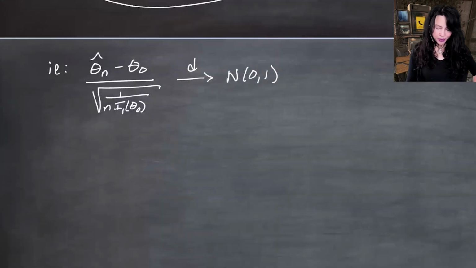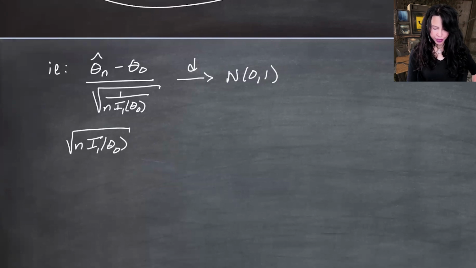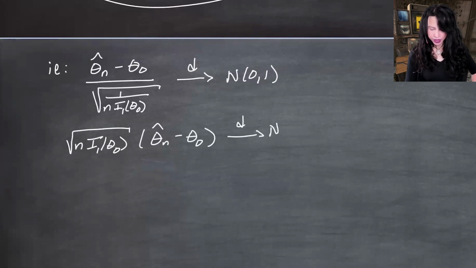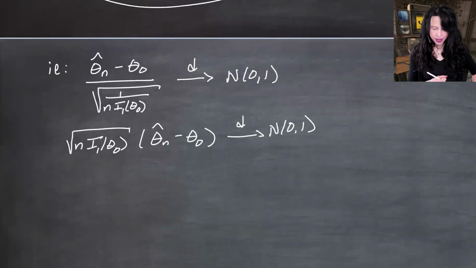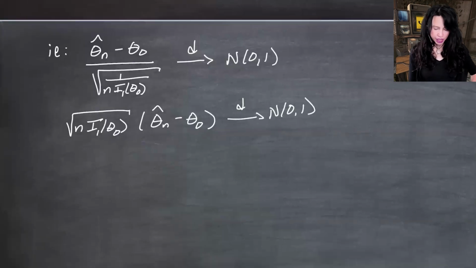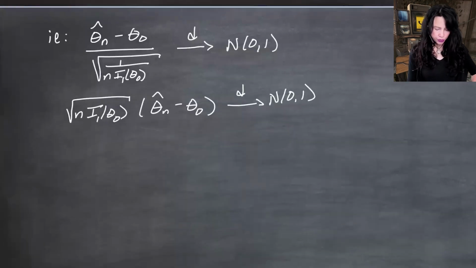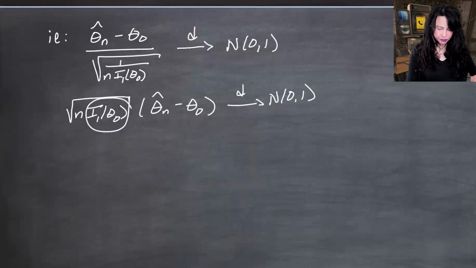Let me clean this up just a little bit and flip that denominator up. This is saying that the square root of n times the one-dimensional Fisher information times the stuff is converging in distribution. So I'm just rewriting the left side. And I think it's going to be a little more convenient to move this to the right side of this statement.